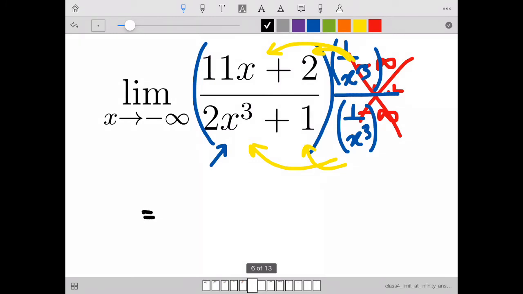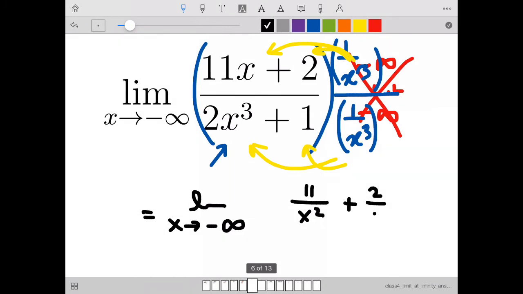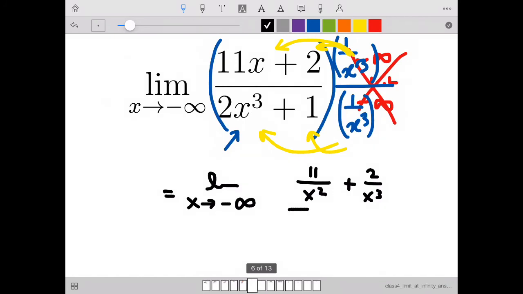Then this is limit x approaching minus infinity, and we get 1 over x squared plus 2 over x cubed over 2 plus 1 over x cubed.